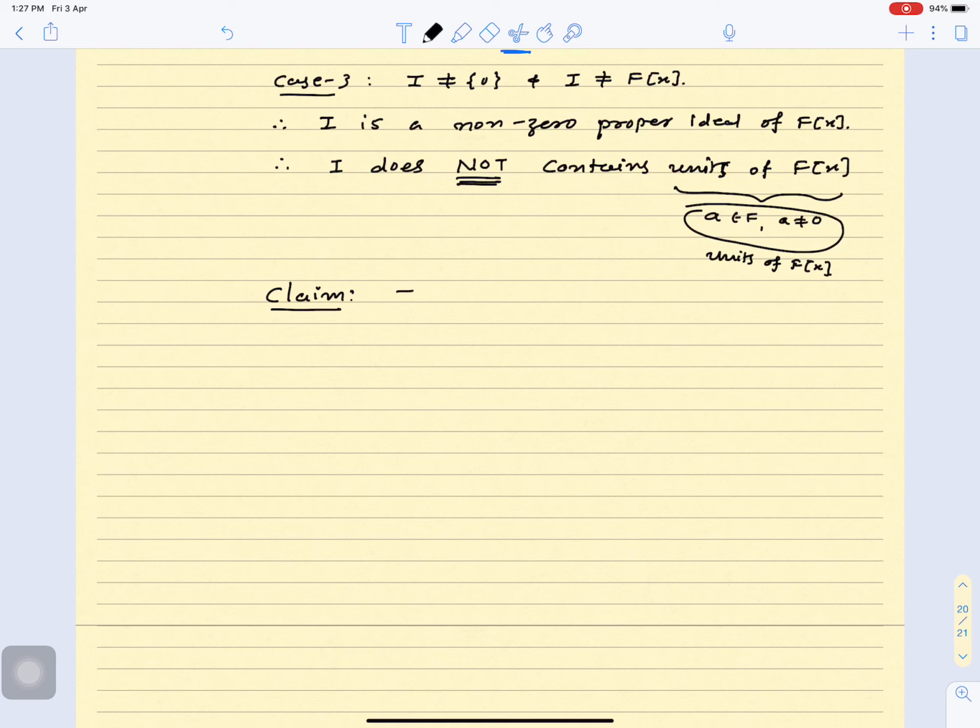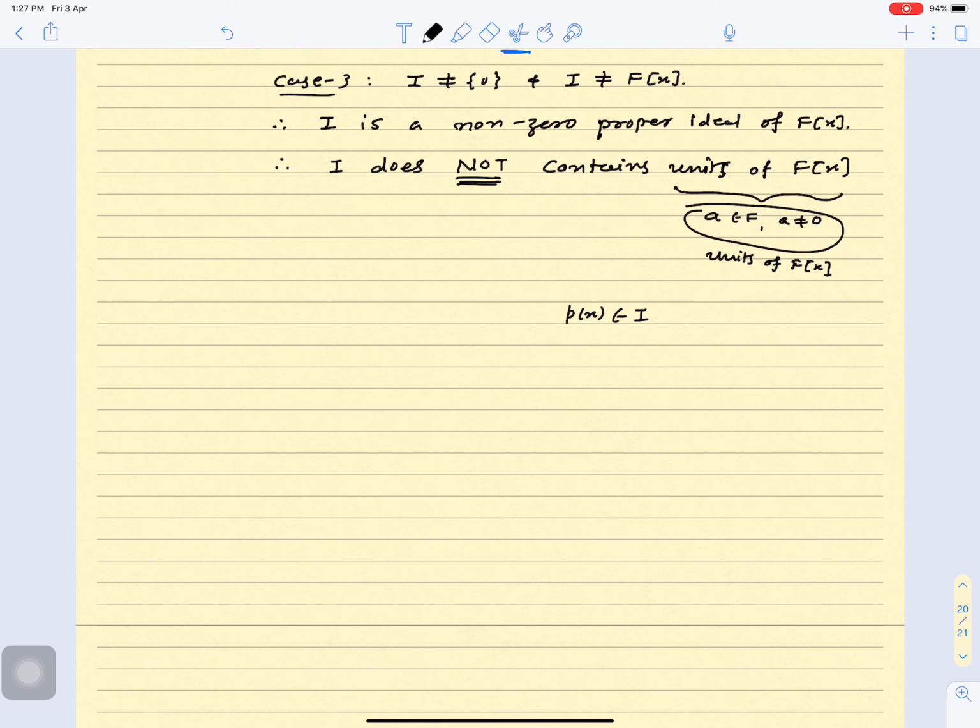Now I will prove this. Before the claim, let me construct one thing. Now you consider some polynomial: let p(x) be a polynomial in I. Now I is a non-zero and proper ideal of F[x].